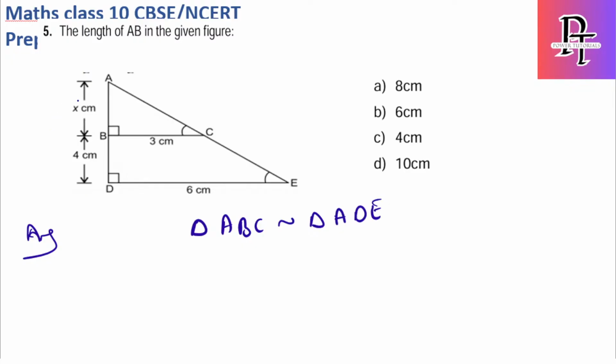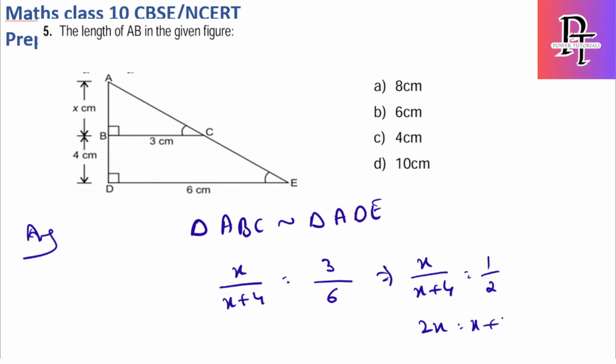So I'll write x by the whole AD, which is x plus 4, is equal to the small triangle base, which is 3, by the other side, which is 6. So this will be simply x by x plus 4 equal to 1 by 2, which gives 2x equals x plus 4, and from here I can say the value of x is 4 meters.